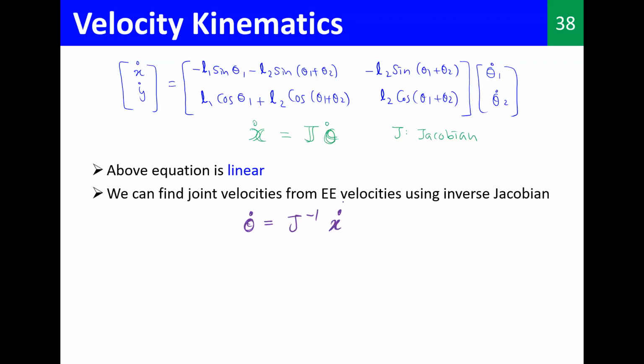From whatever linear algebra knowledge we have, we can find the motor velocities that we should give to the actuator so that we achieve, let's say we want to paint, and it should go up and down at, I don't know, like 5 centimeters per second. We know that 5 centimeters per second beforehand, because that is how we say paint or clean or whatever. Now we know from this what motor velocities we should give to achieve that particular velocity. So that's the understanding I want you to have.